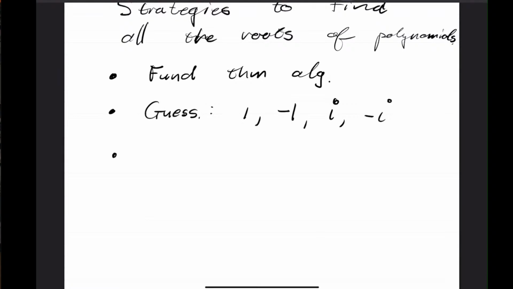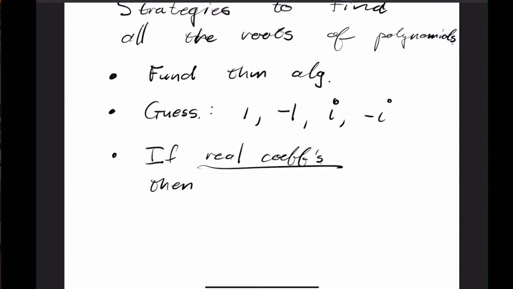The next strategy is that if we have real coefficients in our polynomial, then we get roots for free. What do I mean by that?